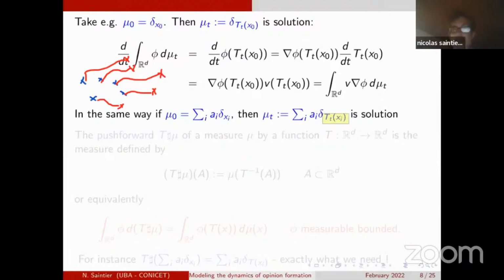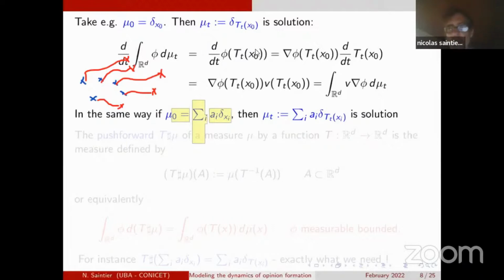But this is not bad, because any measure, I can approximate it that way. So this tells me that I can hope to get existence for any kind of probability measure as initial condition, because if at least I can solve my equation for any initial condition of this form, I'm very close to grasping any kind of probability measure.